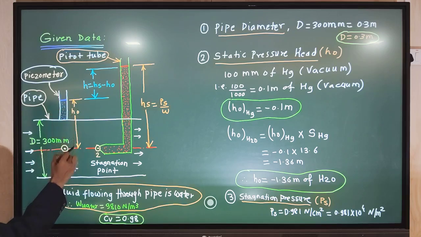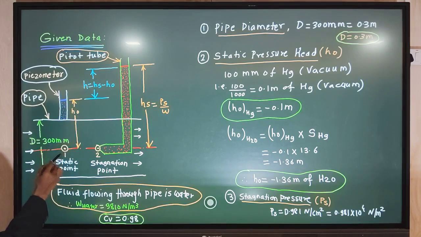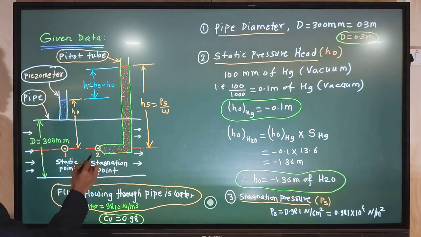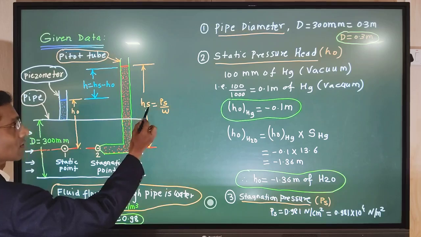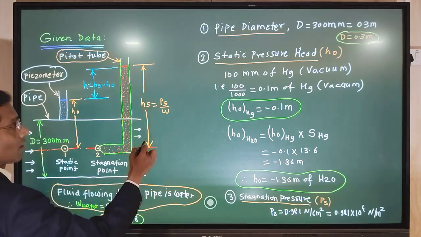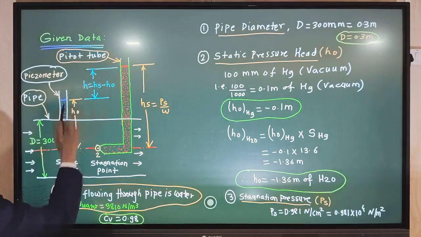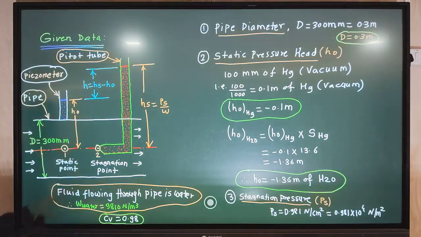It shows HO, that is the static pressure head, at point number 1, which is called the static point. This is a Pitot tube, a small tube bent at right angle, located at point 2, which is called the stagnation point. It shows stagnation pressure head HS, and the difference between these two, that is HS minus HO, is H, which is called the differential head of the Pitot tube.